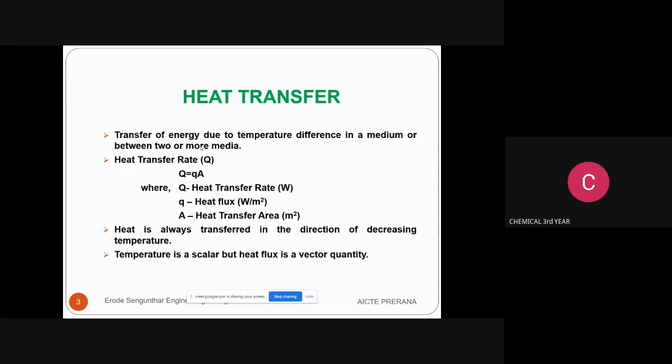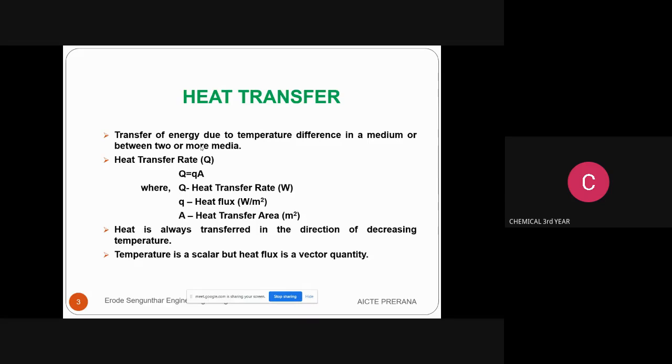So this is the concept. Heat transfer is the transfer of energy that occurs due to temperature difference in a medium, maybe a single medium, or between two or more media. Okay, so while discussing this itself, we can find the driving force behind the heat transfer, right?